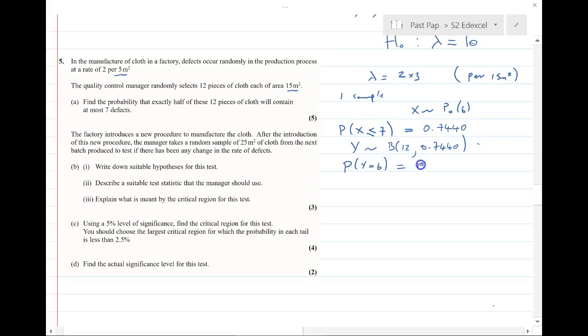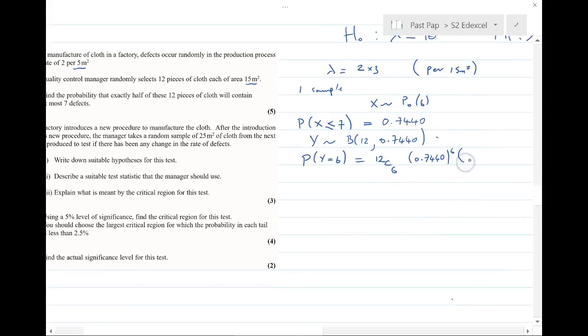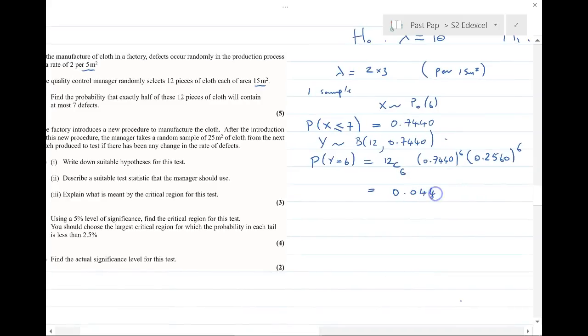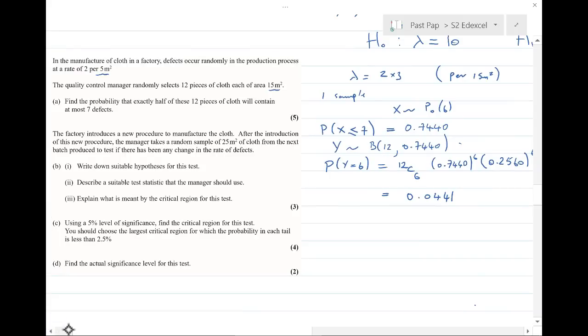So using the binomial, that's 12C6 of 0.7440 to the 6 times, there being exactly half, and 6 times where that is not the case, 1 minus that, which is 0.2560, to the 6, and that equals 0.0441.